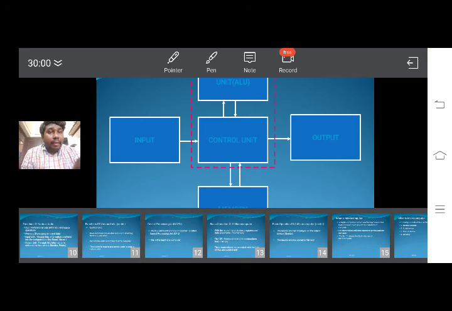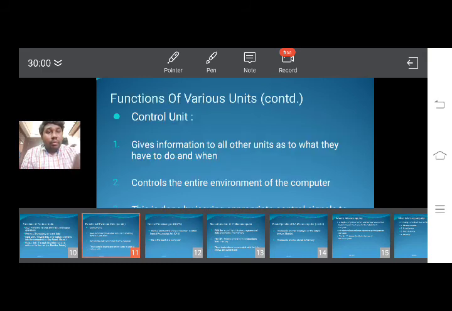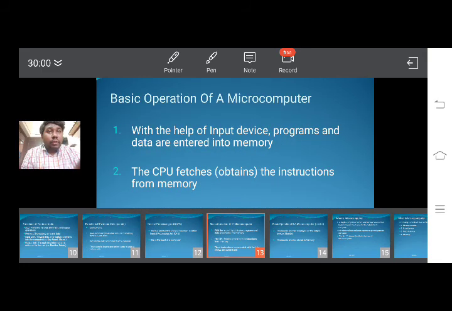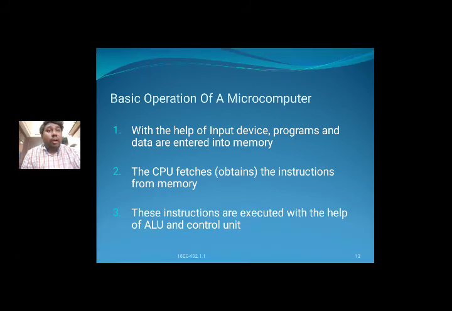Another important discussion of this topic is the basic operation of the microcomputer. The 5 points are: with the help of input devices, programs and data are entered into the memory.